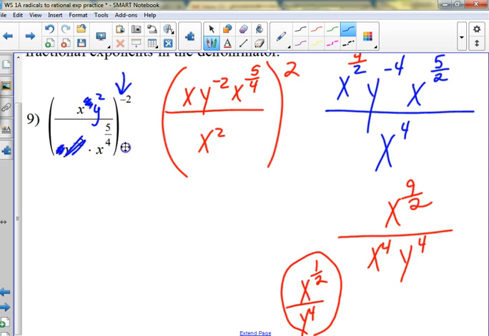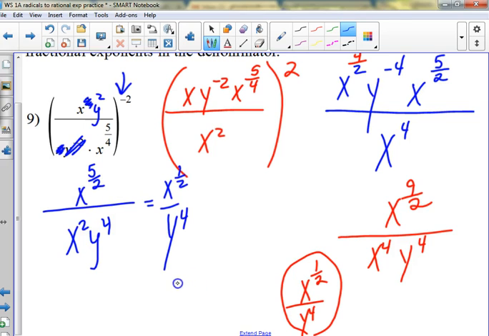This is going to flip the whole thing over, right? And square them all. So I'd have an x squared y to the 4th. And when I square this, I get 5/2 negative, which moves it to the top. And then if I subtract right there, I get 1/2 and 4. So I did it in a little bit different order, but we got the same answer. Reagan, did you figure out what you did? Did you?